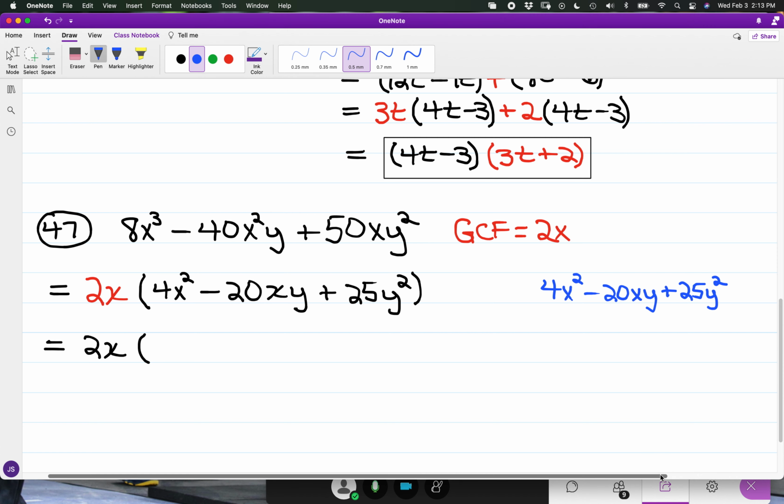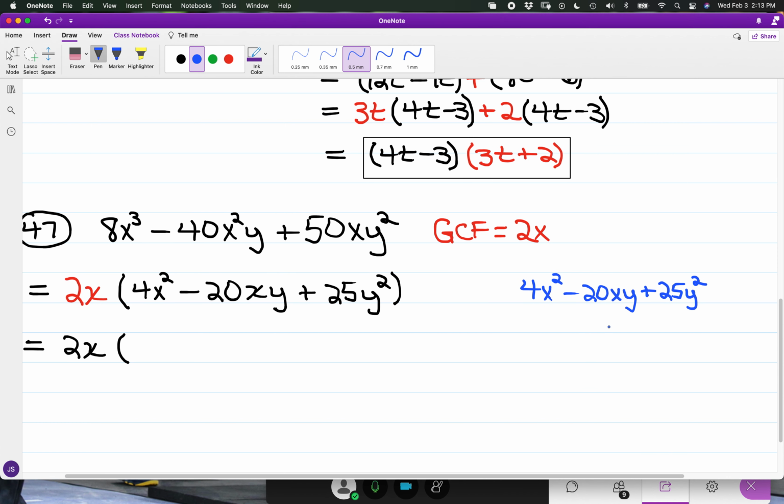Now this trinomial can be factored because we have not only the right coefficients, but we also have the right degrees throughout. And if you notice, you're looking at almost like a twofold quadratic in form situation.